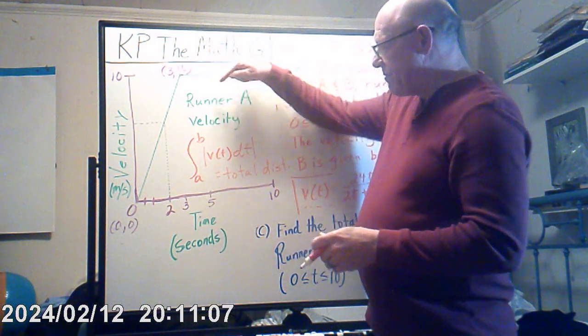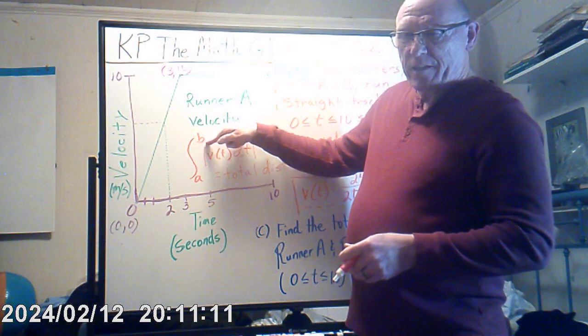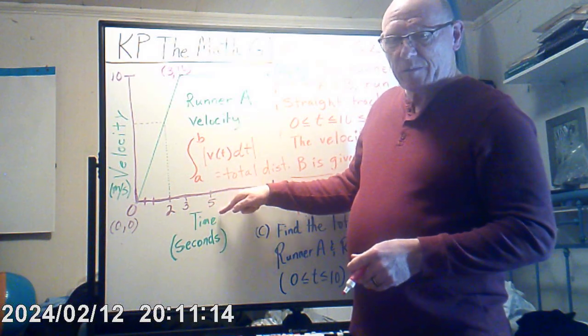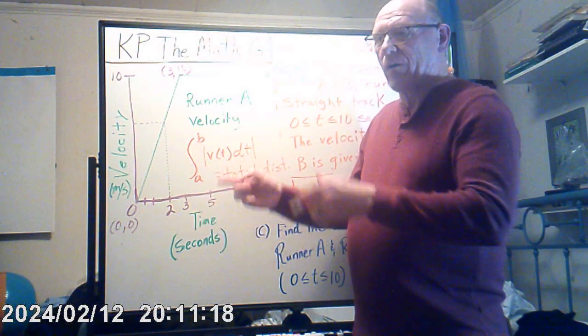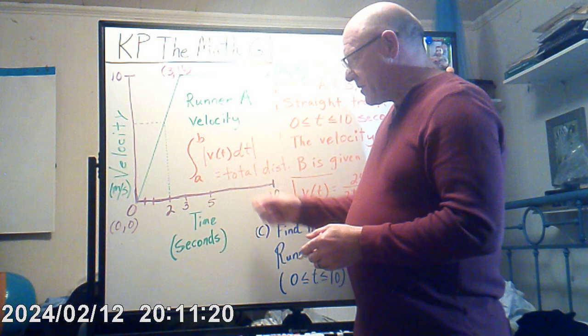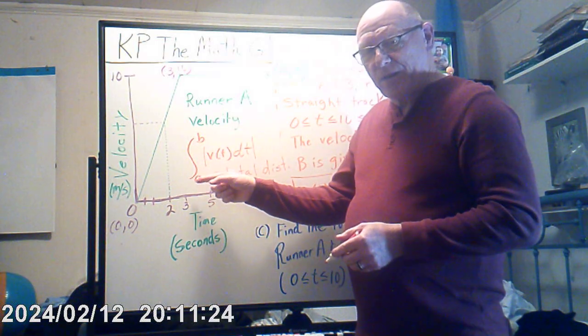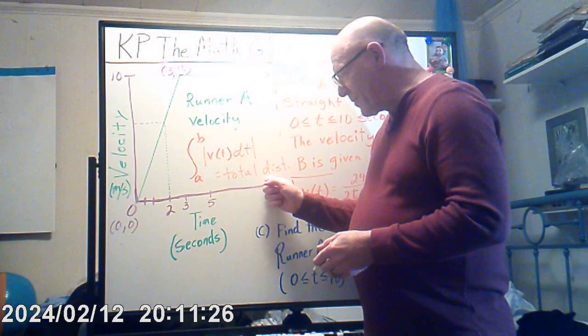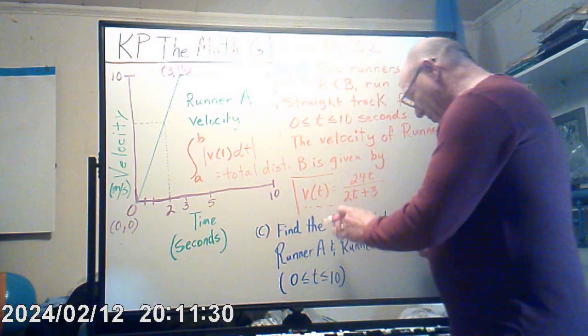If you start off with distance, you take the derivative to get the velocity, then you take the derivative to get the acceleration. If you're at acceleration, you take the antiderivative or the definite integral to get to velocity, and then you take the definite integral of velocity to get to distance. Think about that. So we're talking about total distance.